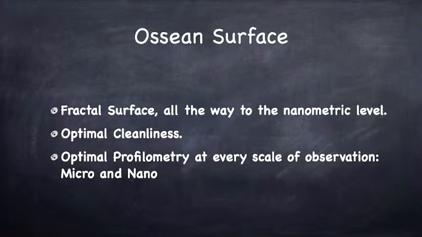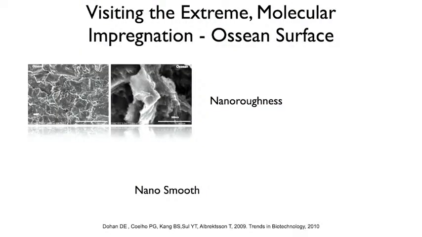So it has its function. Next slide. It's a paper that was also written in collaboration with the NYU team and Albrektsson from Göteborg and Dohan in Paris. I like to cite this paper because it was published in a very high impact factor journal.